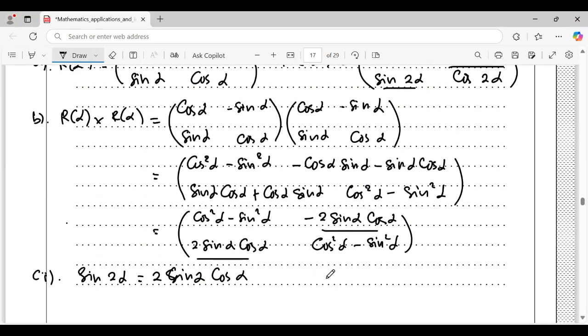So minus divided by minus, it becomes sine 2 alpha equal to 2 sine alpha cosine alpha.